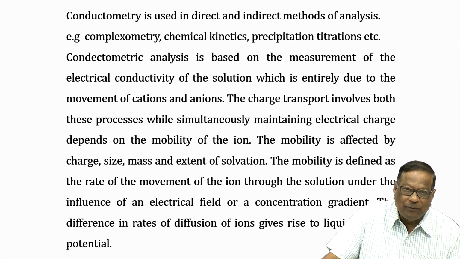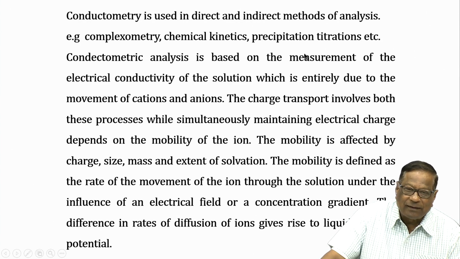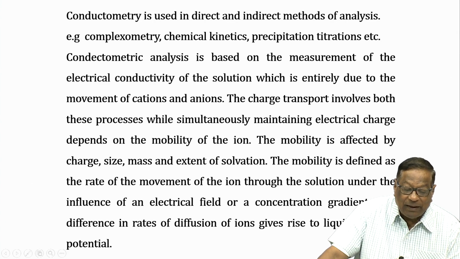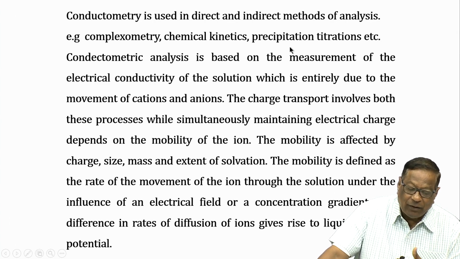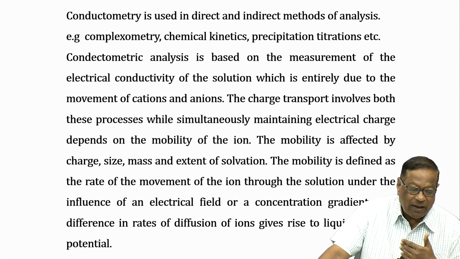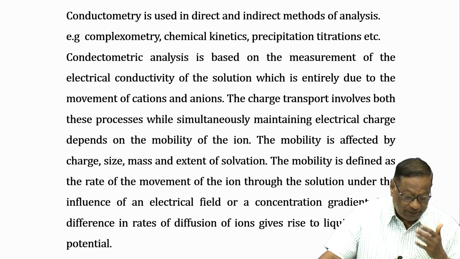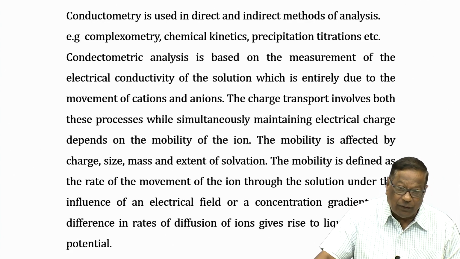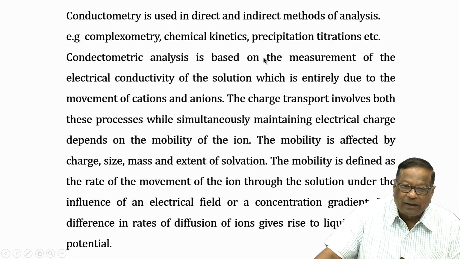Conductometry is used in direct and indirect methods of analysis. For example, complexometry, chemical kinetics, precipitation titrations, wherever there are ions involved and there is an appearance or disappearance of the ions, we can use conductance analysis.